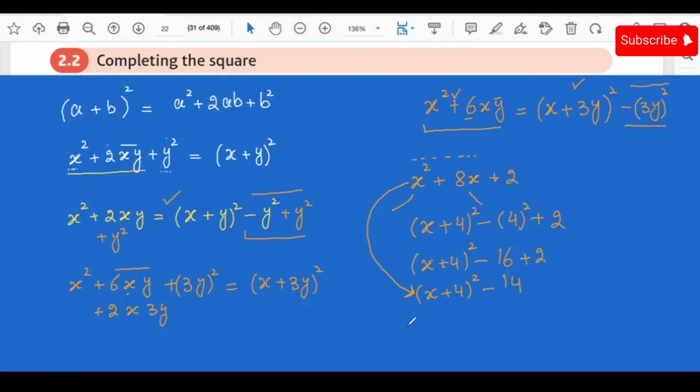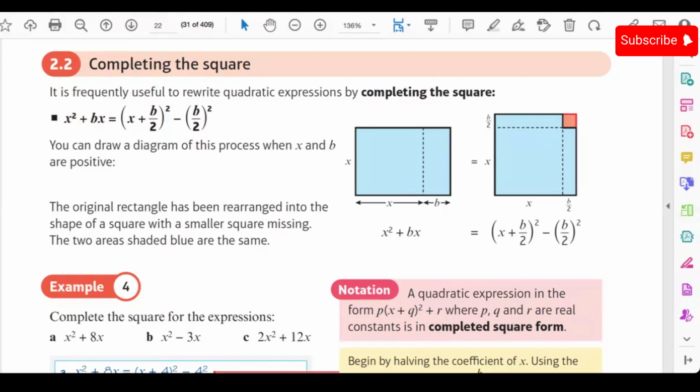What is the advantage of converting a quadratic equation into a square, and how can we solve a quadratic equation using this technique? Let's try a few questions for that. But before trying the equations to find the roots of the quadratic equation, we can also understand completing the square with the help of this diagram.